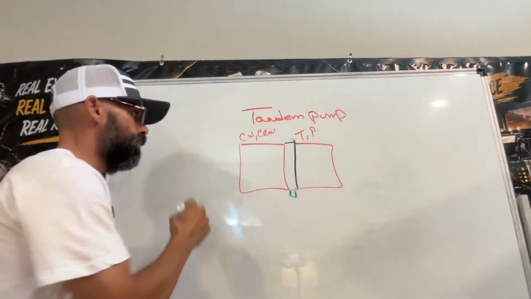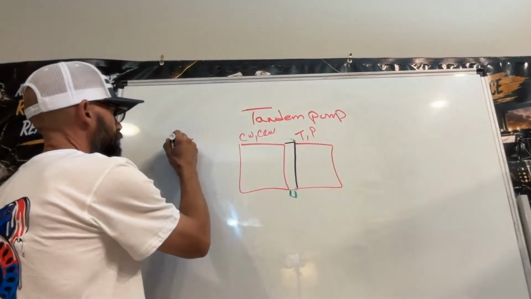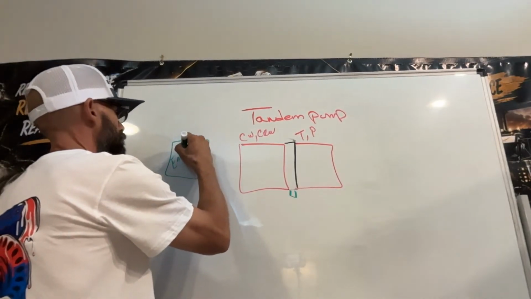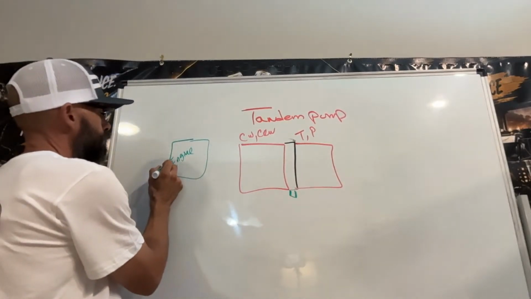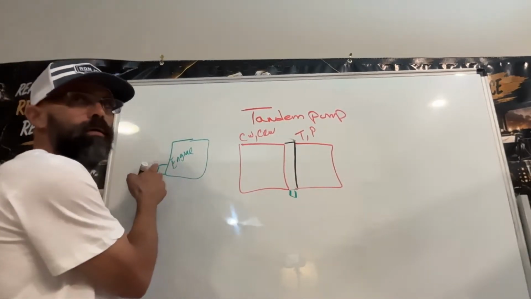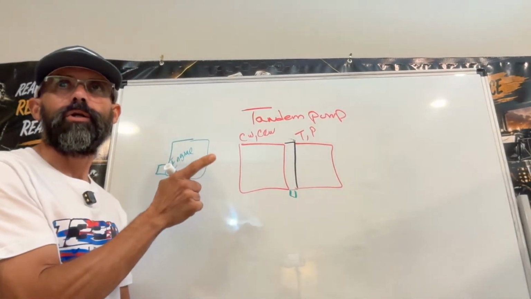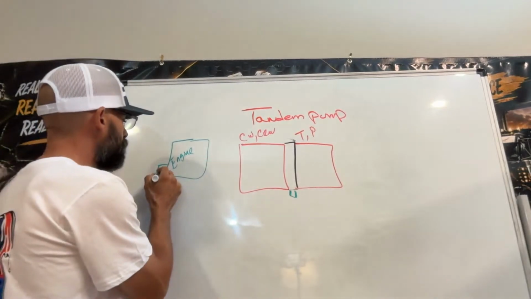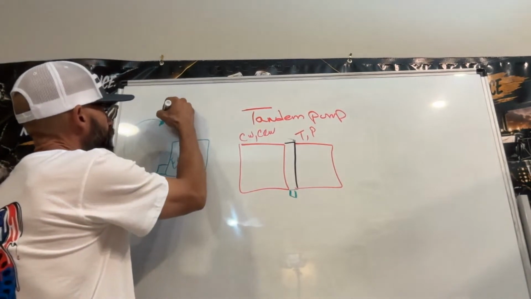On the 2330s, this is gonna be your engine. On the front of the engine, underneath the alternator, you're gonna have a double gear section pump, aluminum housing. One section is gonna supply oil to your engine fan.